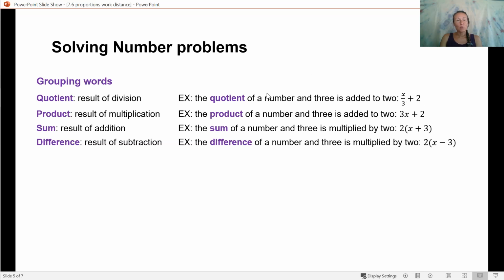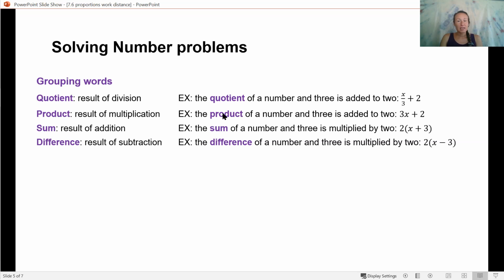When they say the quotient of a number and 3, quotient is grouping a number and 3. When we don't know what the number is, we give it a variable. So the quotient of x and 3 looks like x divided by 3. That thing they've grouped for us using the word quotient, x over 3, then gets added to 2. So it looks like x over 3 plus 2.